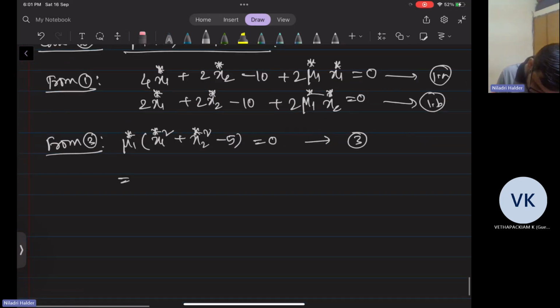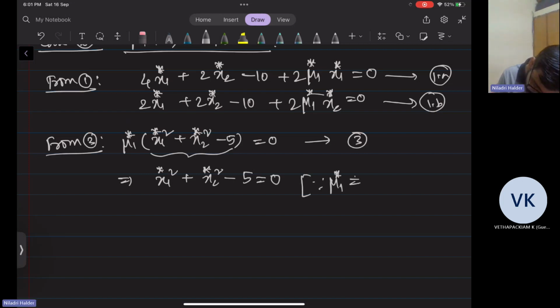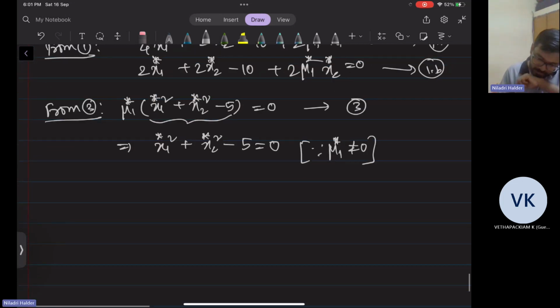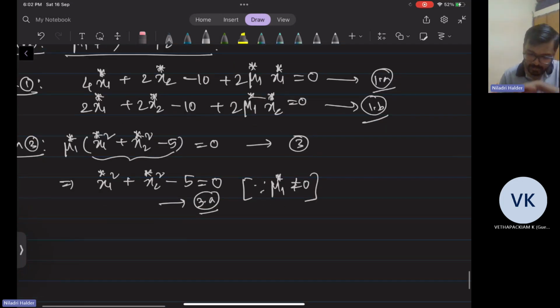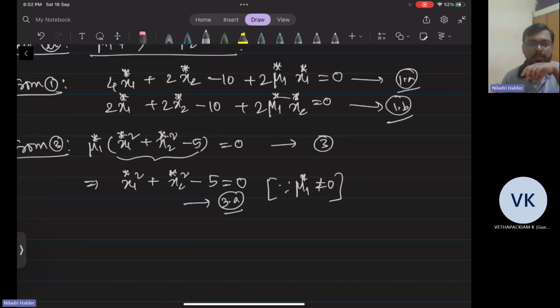So that means x1 star plus x2 star square minus 5 equal to 0, as mu1 is non-zero. So now we got three equations. This is equation 3a, so this is the 3a, 1a, and 1b. So you can solve three equations and three unknowns: x1 star, x2 star, and mu1 star.